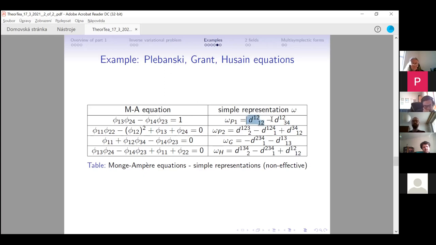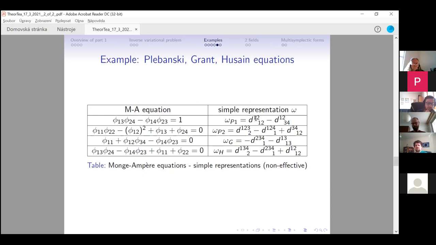Now there is a shorthand notation, but it's quite simple. If you see D with upper index, the upper index denotes the DQ, and the lower index denotes the DP. So for example, D1 2 upper and 1 2 lower means DQ1 wedge DQ2 wedge DP1 wedge DP2. So there are 2 Qs and 2 Ps in this omega P1.